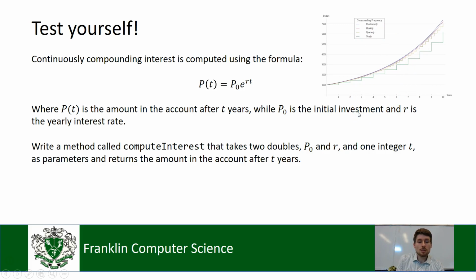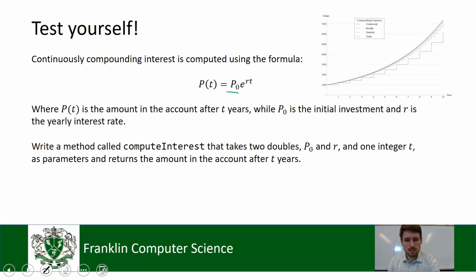So let's write a method called compute interest that takes two doubles, which are going to be your initial investment and the interest rate, and then an integer for the number of years. And then it's going to return the amount in the account after t years. So basically we need to know these three values here. I'll just try and highlight them.